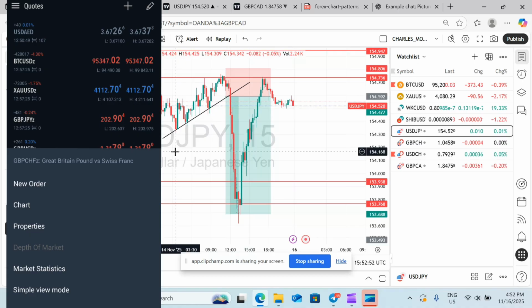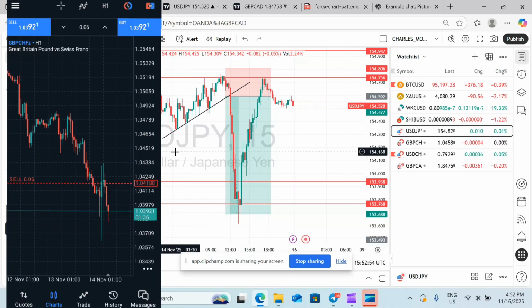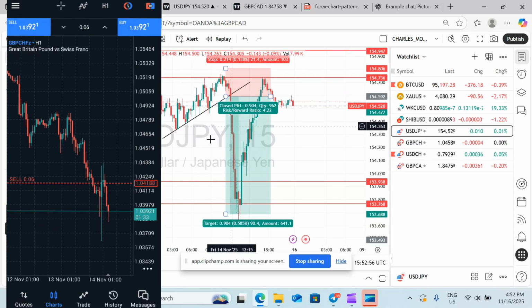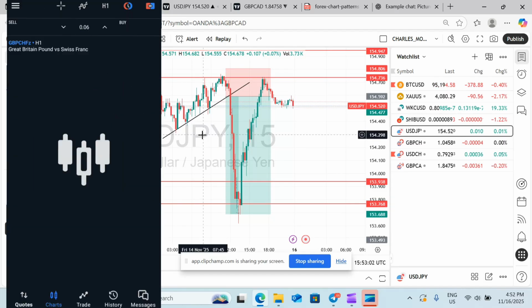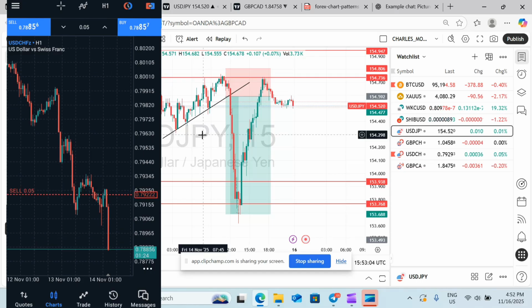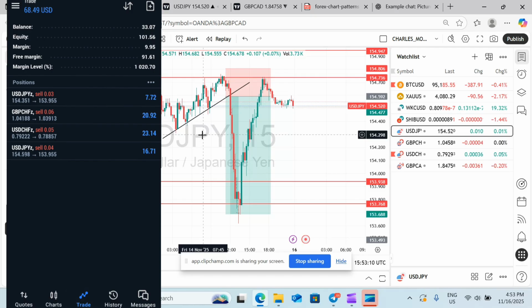You can take an entry maybe before, during or after the London session, maybe New York session, depending on the structure of the market. If price breaks above the support level, wait for it to come back and retest the same level.